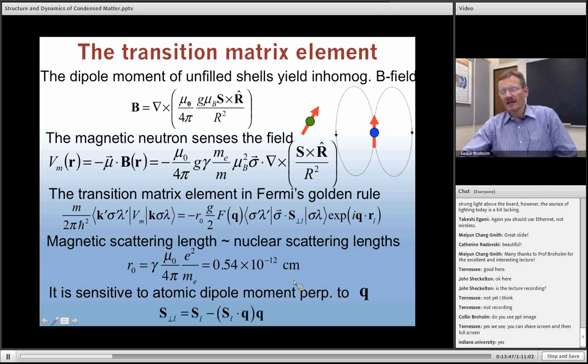And what I'm saying is that the strength of that scattering is pretty similar to the scattering associated with the nuclei. And this is quite different, actually, from the case of X-rays. As you know, normally we associate with X-ray scattering measurement of the charge density, and that's sort of how we consider X-rays as coupling to materials. But there are also magnetic parts to those scattering cross-sections. This is beyond what we're talking about in this course.